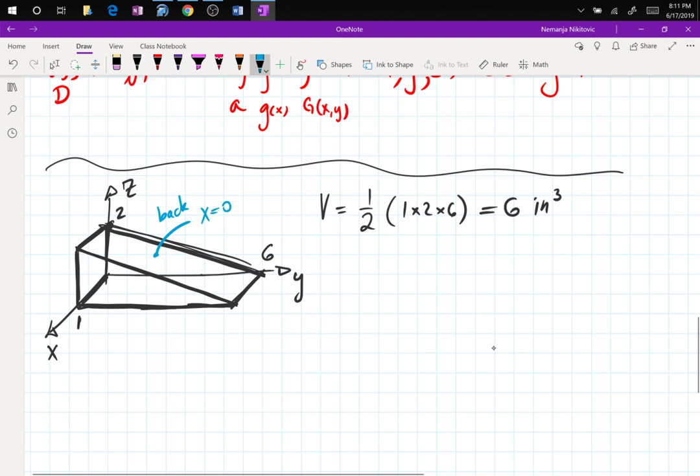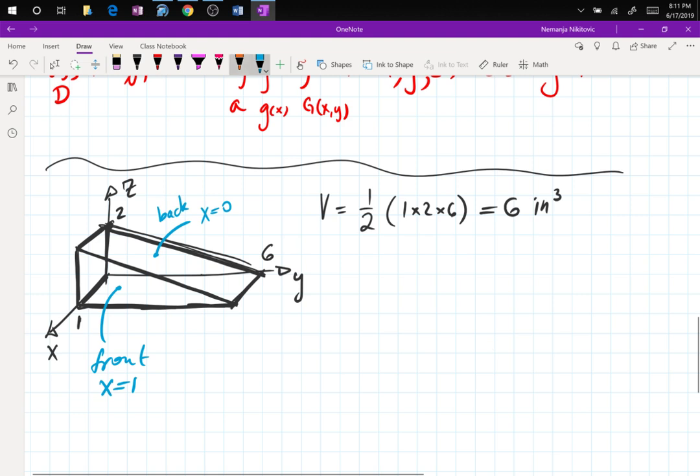In the back is x equals 0, and over here in front is x equals 1. So those two planes are the front and the back, the triangles in front and the back of the object. x equals 0 and x equals 1.